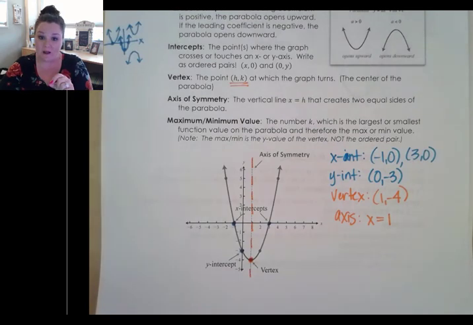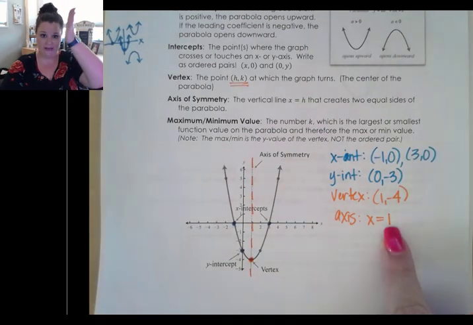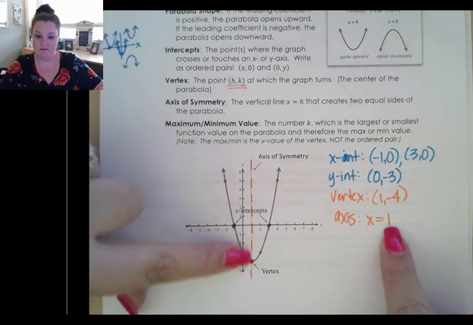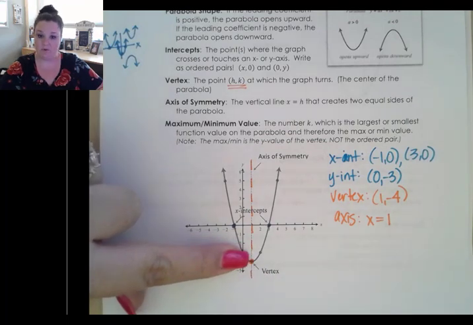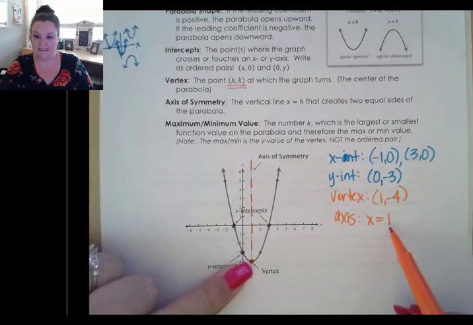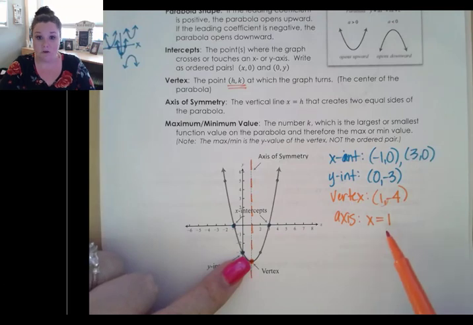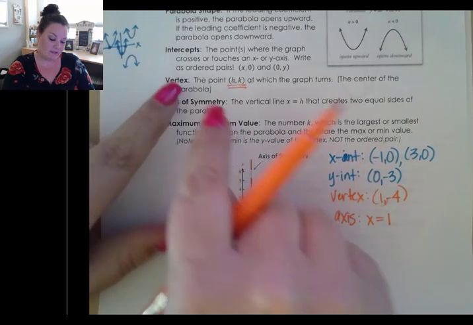Now what's neat about this is that the line that cuts the parabola in half, because it has to be in the absolute center to cut it in half, is always going to go through the x value of that vertex point, right? Notice here my vertex point was (1, -4), and it's x equals 1. So whatever the x value is of that center point, that's the x equals line that's going to cut this down the middle.